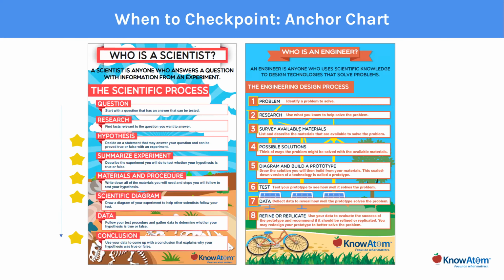The places where you would want to checkpoint, at the very beginning of the year in stage one, I would start with the scenario or the situation and that problem or question, and then I would engage students in, using this anchor chart that everybody has, and I would just go right down as if we're using scientific process because it's a question and we're in scientist mode.